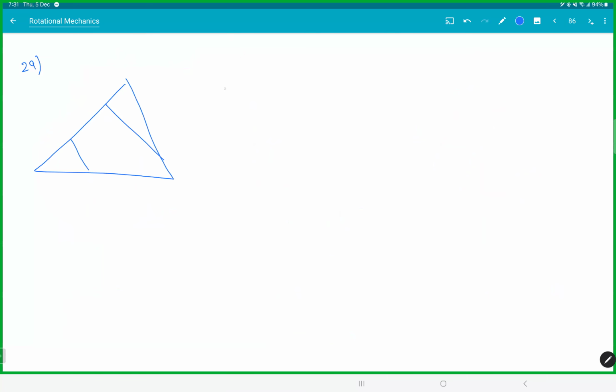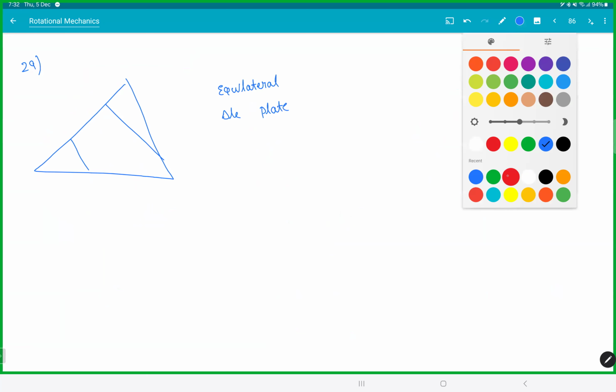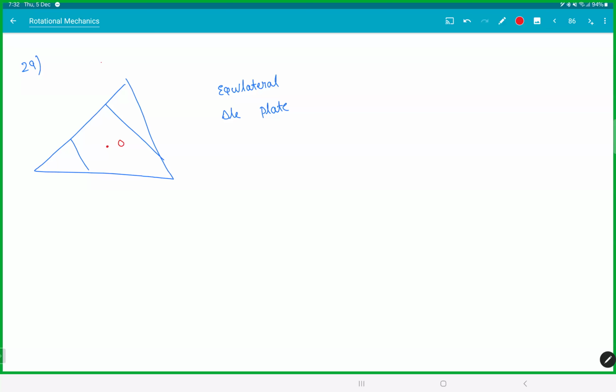We have an equilateral triangular plate. So we have an axis. O is the centroid. Axis perpendicular to the plate and passing through the centroid. Mass of the plate is m and side is a.